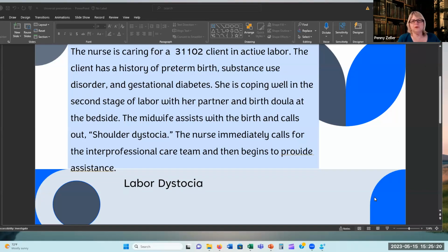She's going to be multi-gravida. What's her parity status? How many babies has she delivered after 20 weeks? 2, right? And she's got the 2 living children. So she's multi-parity, right? Or we call them multiparous.